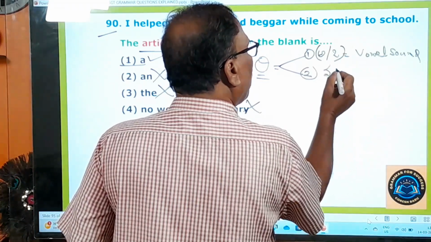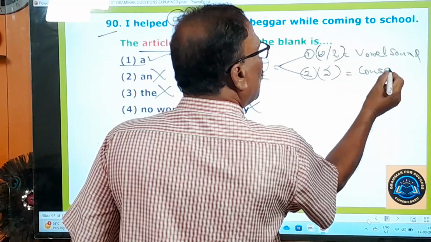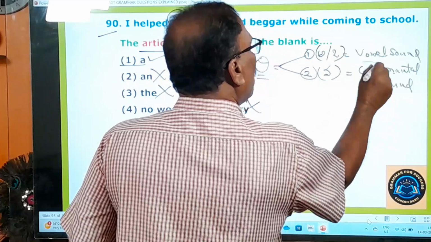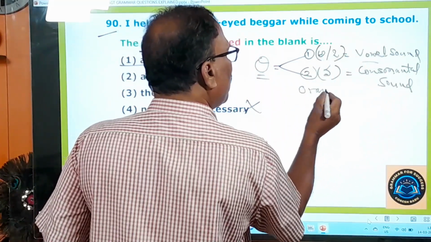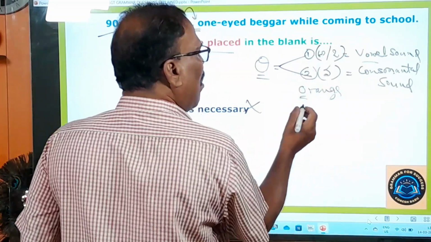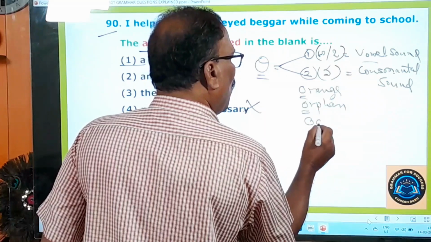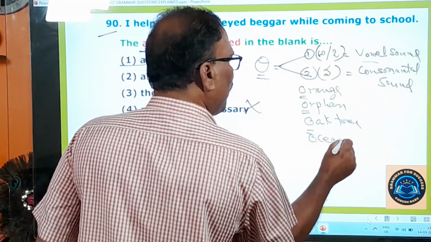Whenever it gives you the sound of wa, you must think it is a consonantal sound. Very simple. So for vowel sound, examples: orange, orphan, oak tree, ocean.